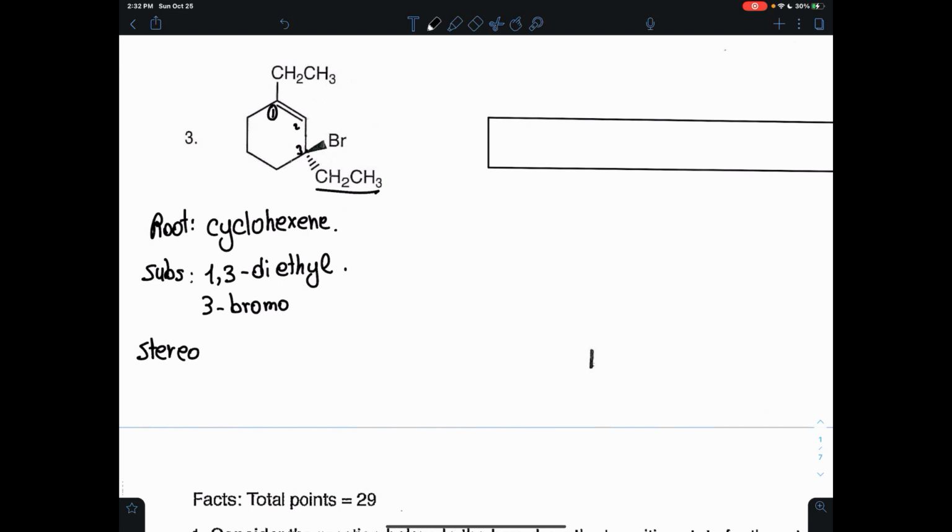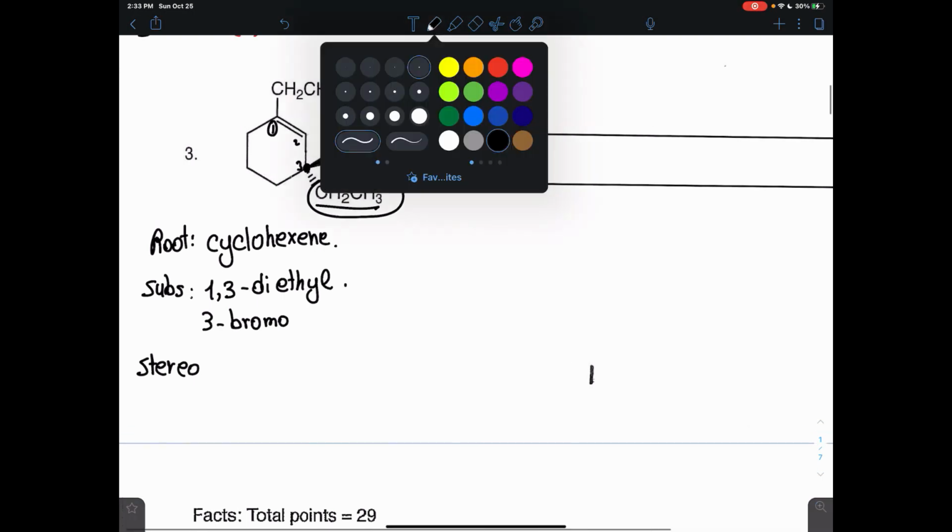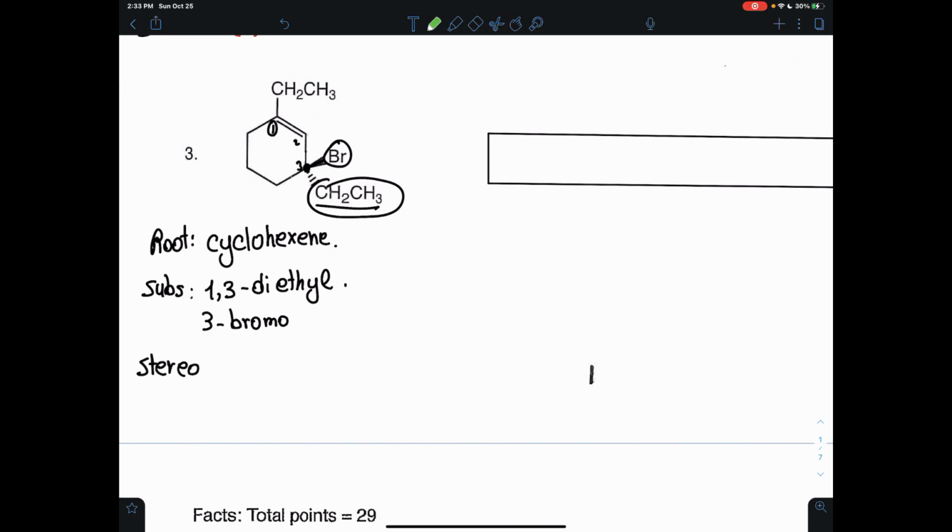We can see carbon number 3 is a chiral carbon. The reason is that it's connected to 4 different groups: a bromine, an ethyl, a carbon connected to a carbon with a double bond, which means it's connected to 2 carbons, right? And then it's connected to a carbon from this side. So let's start with numbering here. I know Br is going to be my biggest group, so it's going to take my number 1. Now the second thing is I'm going to compare these two.